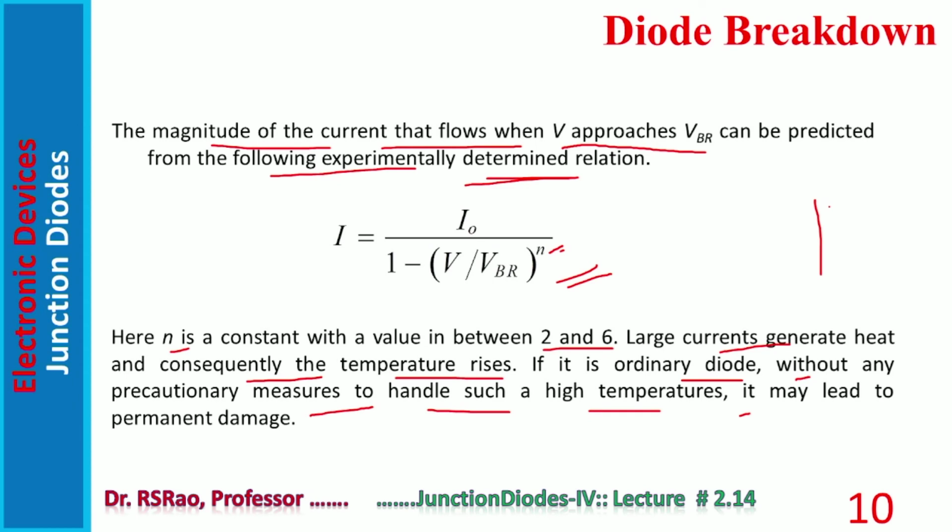This is all about reverse breakdown. So the important aspects to be kept in mind right now are: 1. Forward breakdown happens when applied voltage approaches the built-in potential. 2. Reverse breakdown happens when applied voltage approaches Zener voltage or breakdown voltage.